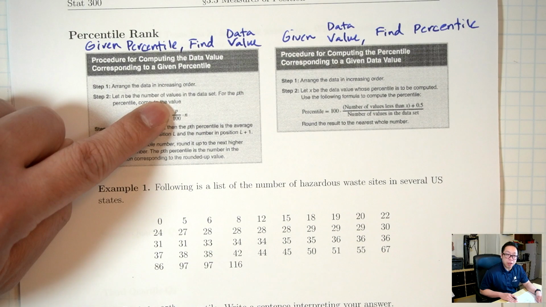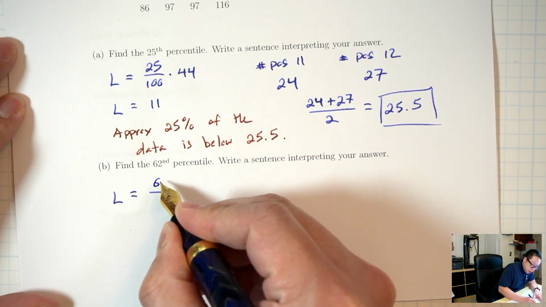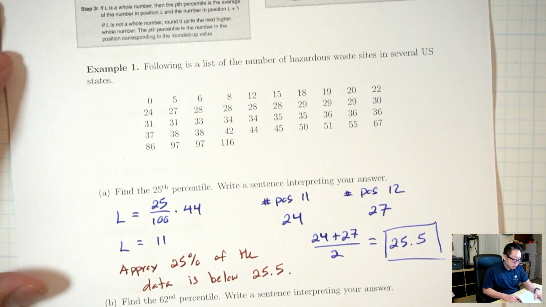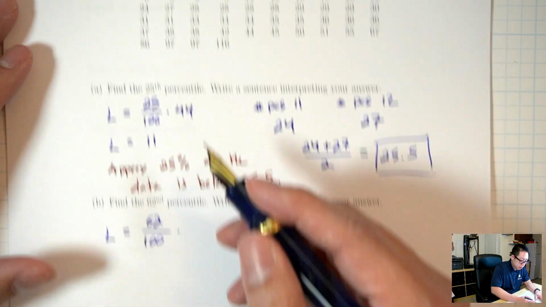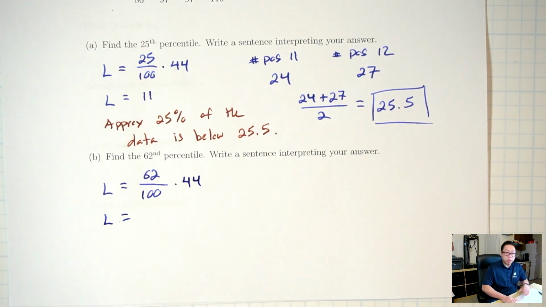P is our percentile. In our case, it's 62. So it's 62 over 100 times N. N is the number of data values. We counted already. It's 44. So 62 over 100 times 44.